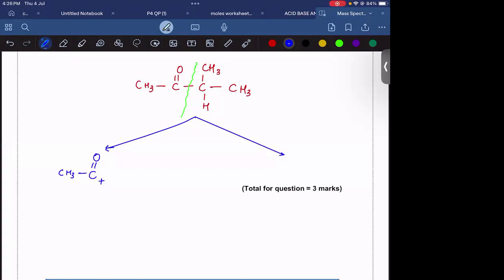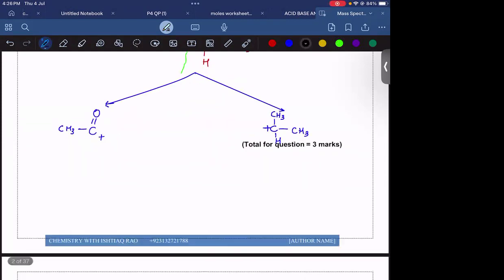So the second piece is just like CH3 and then CH3, CH3 and H, and this is a positive sign. Okay, now you are supposed to find out the molecular mass of these fragments.